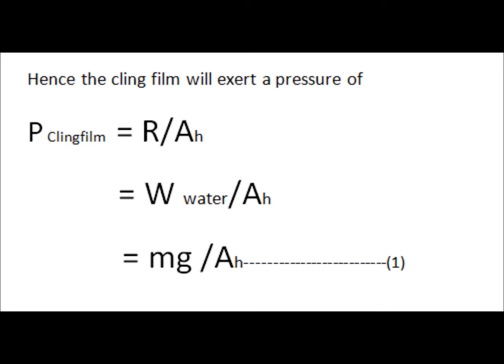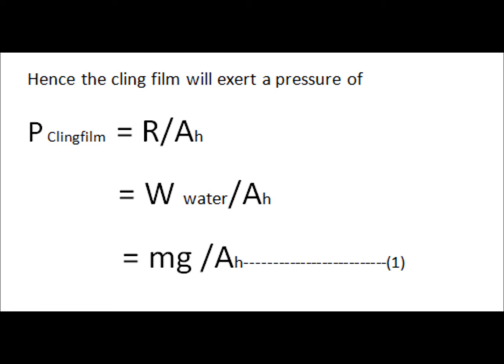As a result, pressure will be exerted by the cling film onto the water. We know that the pressure exerted by the cling film over the area onto the water will be given by R over AH, where AH is the area of the hole, and R is the reaction force exerted by the cling film onto the water.